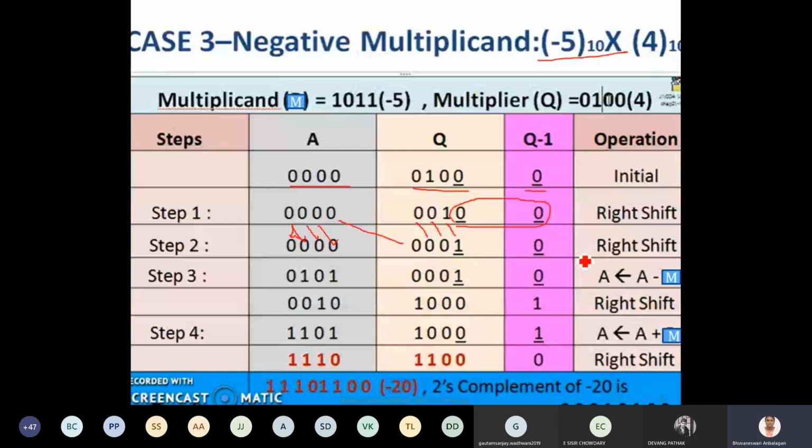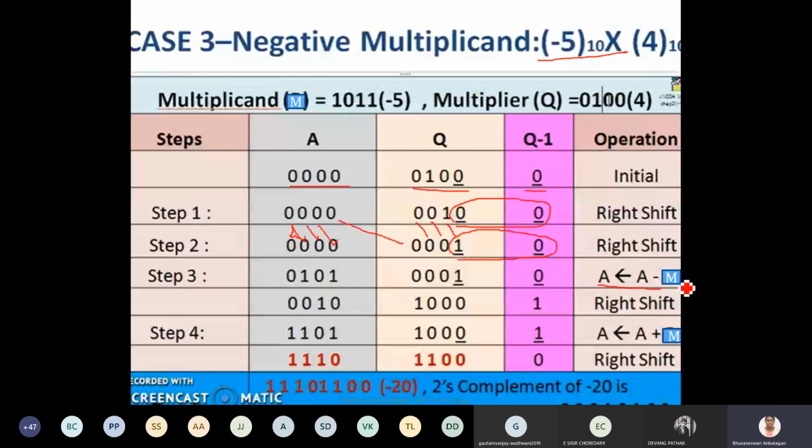In the next step, again, you decrement the counter and check these bits, Q0 and Q minus 1. If it is 1, 0, what do you have to do? A is equal to A minus M. How will you compute A minus M? A you already have, 0, 0, 0, 0, 0.